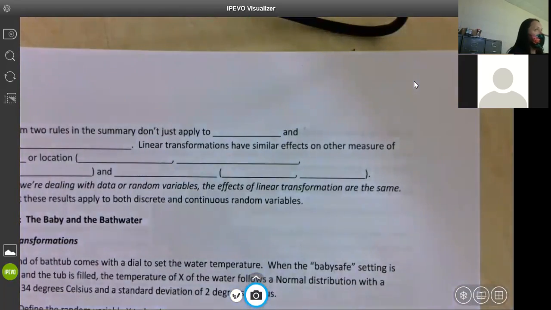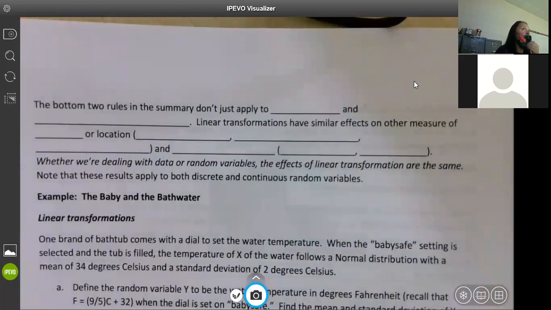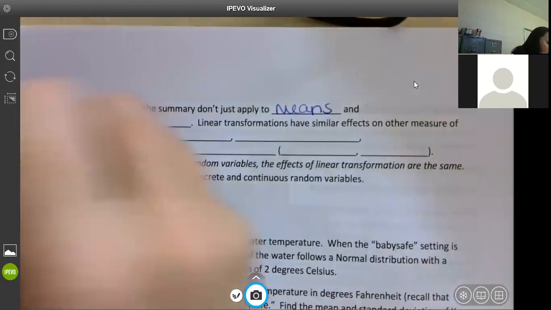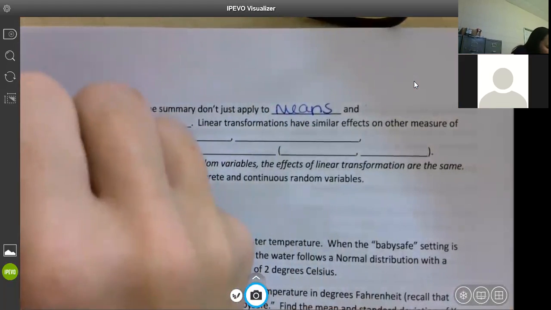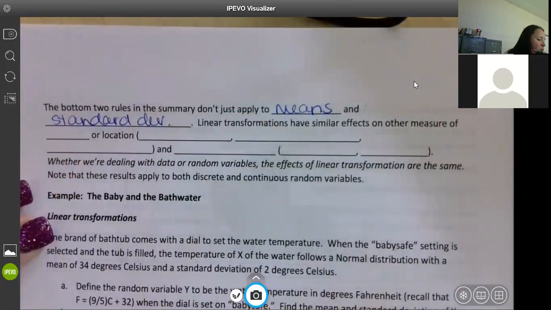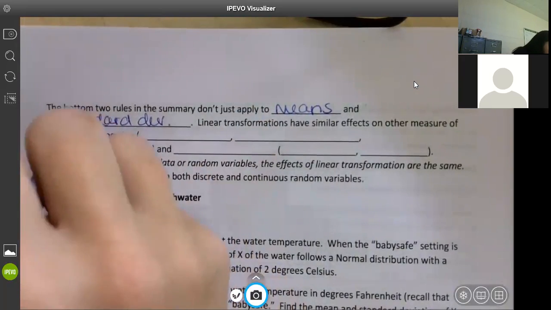The bottom two rules in the summary don't just apply to means and standard deviations. Linear transformations have similar effects on other measures of center or location.